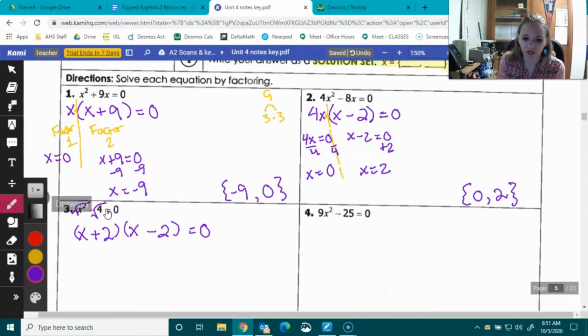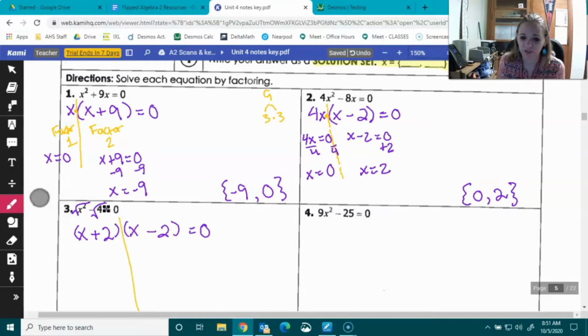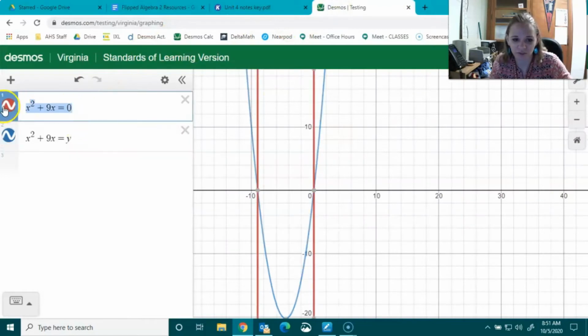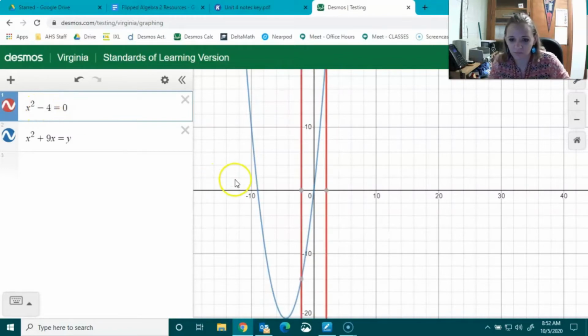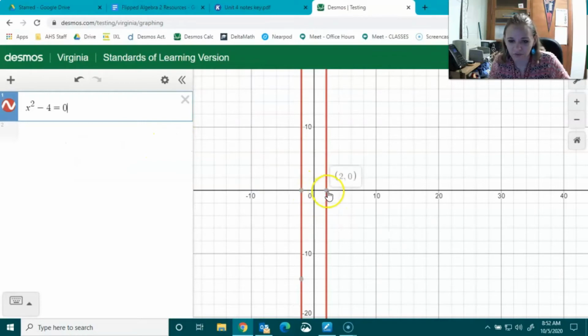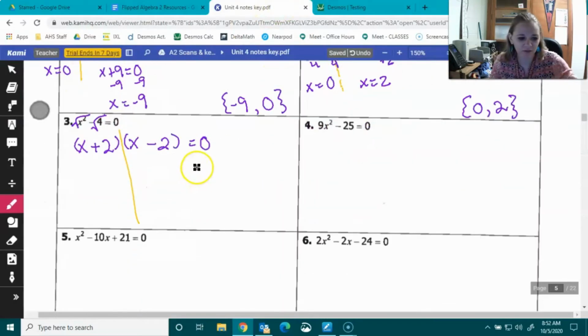Alright, so then we've got our two factors rather quickly. And really, there's no other shortcut to do this. Or, yeah, you could do Desmos, x squared minus 4. And your solutions are negative 2 and 2. So boom, you could get that in the calculator as well.